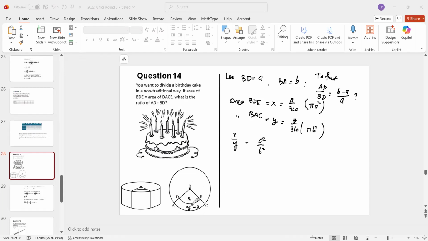But we are told that this Y minus X is equal to X. We are told that this area here is the same as that area. So we have a nice equation. Y is equal to 2X. But if I put Y equal to 2X, this thing simplifies to X over 2X, because Y is 2X. You get a nice answer. It's a half. Okay, so you got that A squared over B squared is a half.